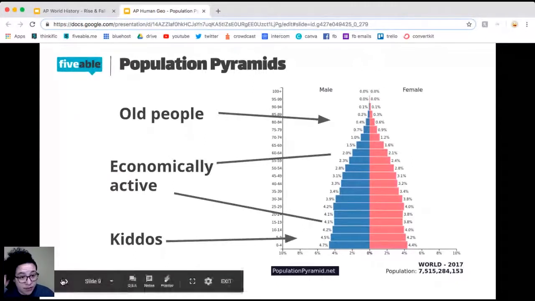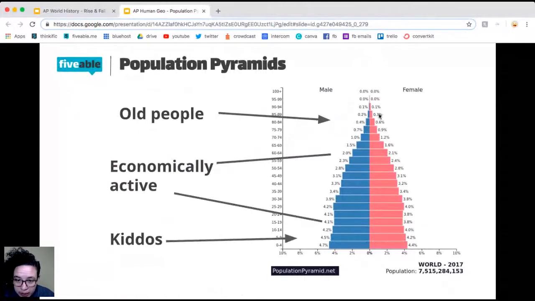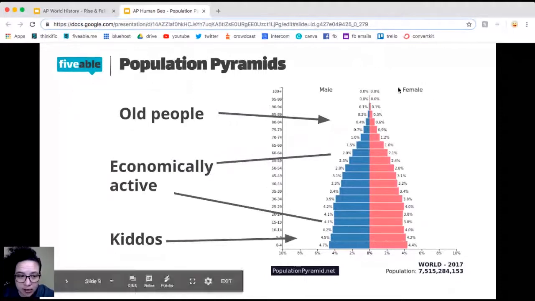The other piece is life expectancy. In this case, you can see the life expectancy in the world, right? People live as old as in their 90s, globally. And it can show you that in less developed societies, the whole pyramid tends to be shorter because they're not living as long because of a lack of medicine, a lack of education, all kinds of different factors.